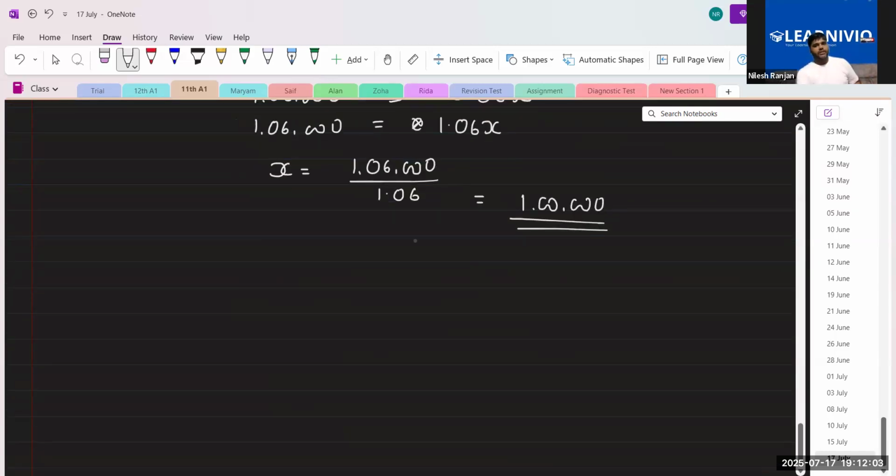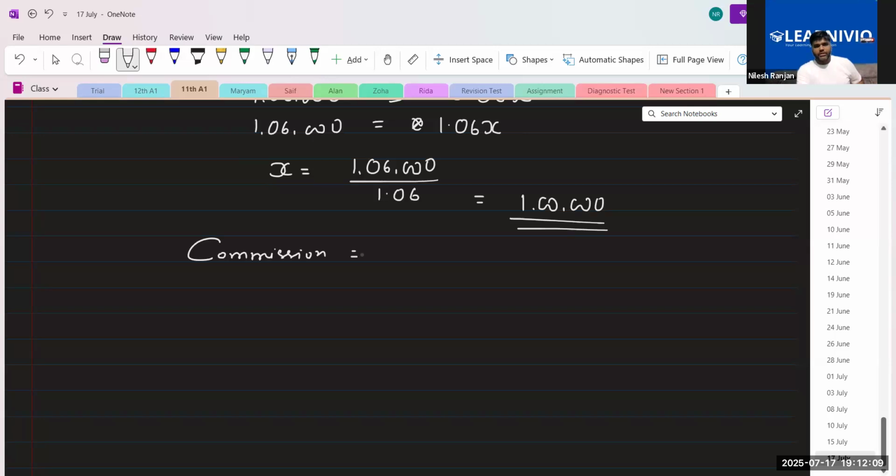Now, after it is calculated, we can calculate commission on this amount. So commission equals 1 lakh into 6 by 100, so 6,000. Now tell me which method you like the most.